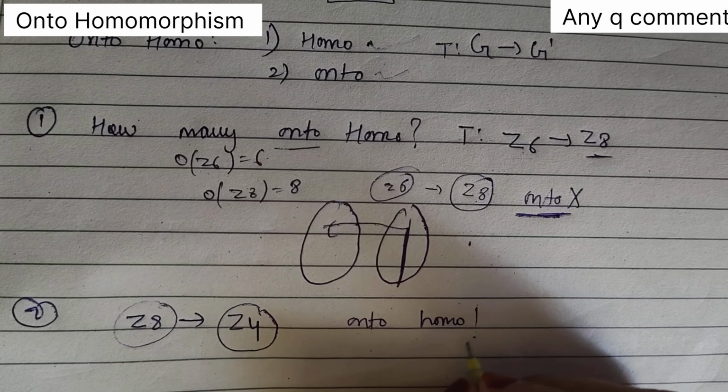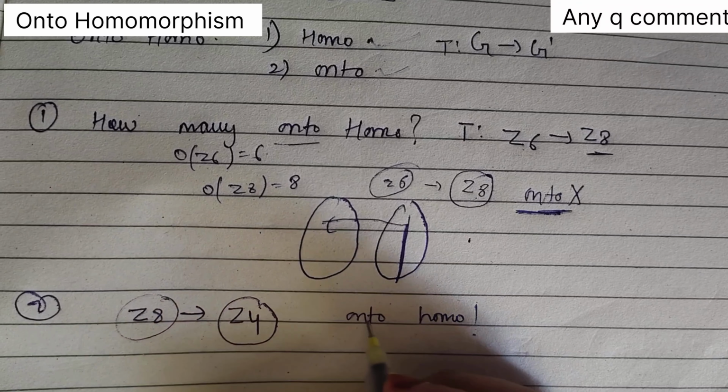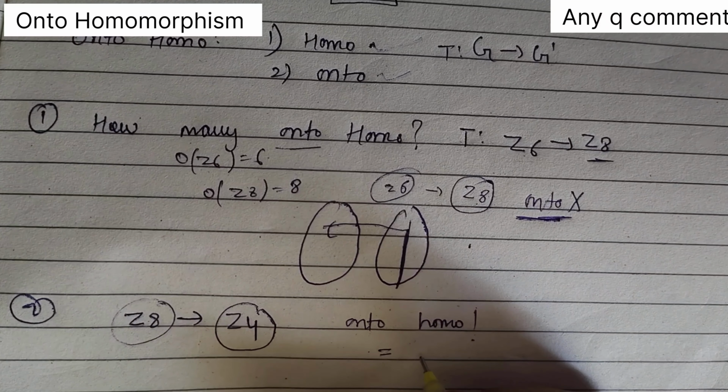We already know that if the mapping is from Zm to Zn, the number of homomorphisms will be GCD of 8 and 4, which equals 4. And we also know that the homomorphisms are of the form T of x equals 0x, 1x, 2x, and 3x.